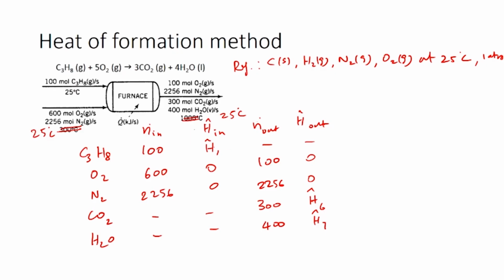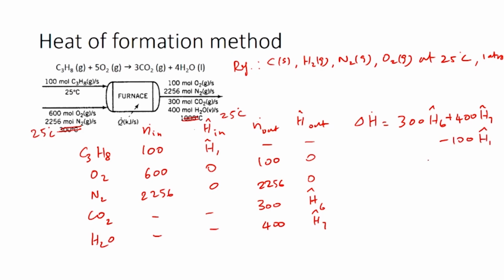Now, for this particular system, the change in enthalpy delta H dot would be equal to 100 times 0 plus 2256 times 0 plus 300 times H6 cap plus 400 times H7 cap minus 100 times H1 cap.